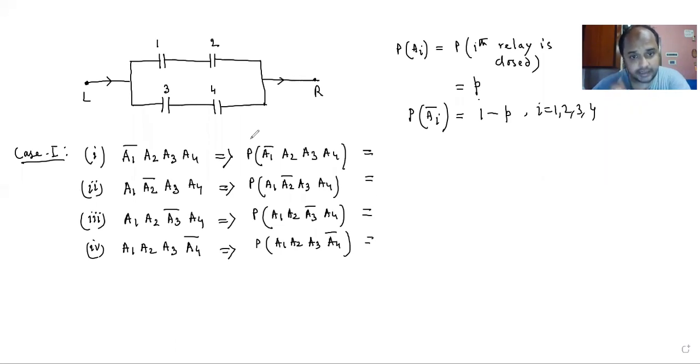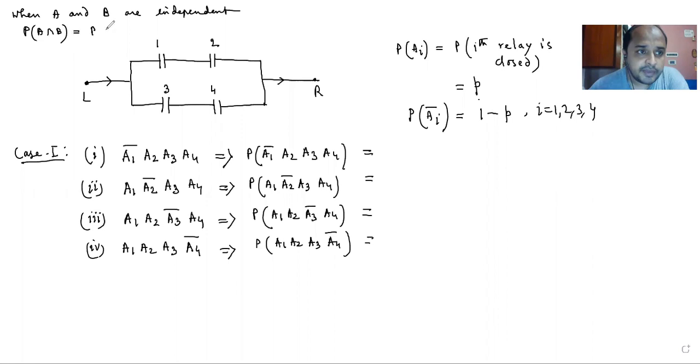Mathematicians are stuck with a problem. They know that when A and B are independent, this is a known result, that the probability of A intersection B is equal to the probability of A times the probability of B. But the question is, does it happen?